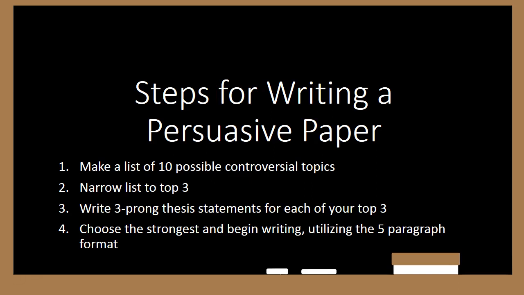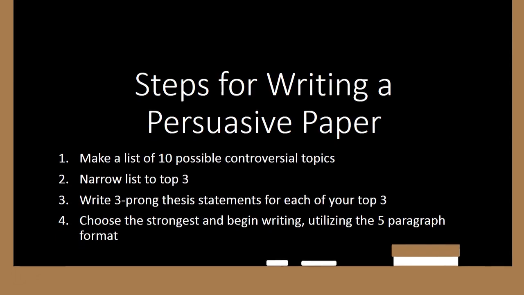Now, once you have your top 3, if you'd like some further input, I recommend that you always speak with someone. You can shoot me an email with your top 3 thesis statements if you want some input on them. In addition to that, you could visit the Student Success Center. But once you have your top 3 thesis statements and you choose your strongest, begin writing, again, using the 5-paragraph format that we've already discussed in class. That's what you'll do for the first option.